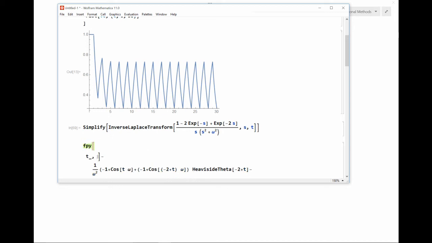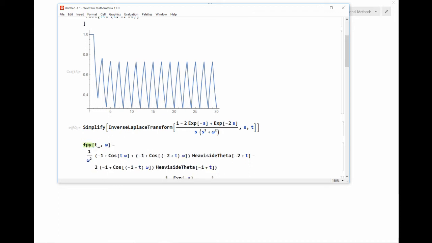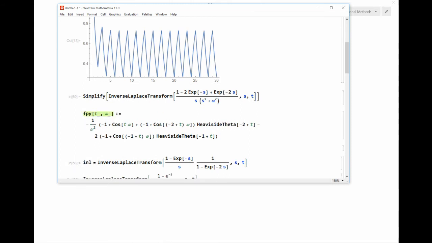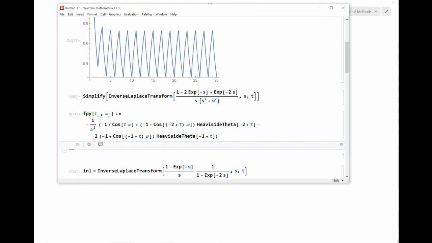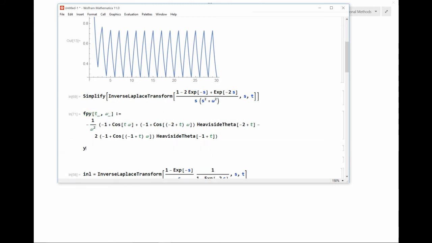It also depends on the frequency omega. And the y of t is going to be the sum of shifted copies of the fundamental periods of y. So it's going to be depending on t, omega, and the number of terms that I'm going to add.